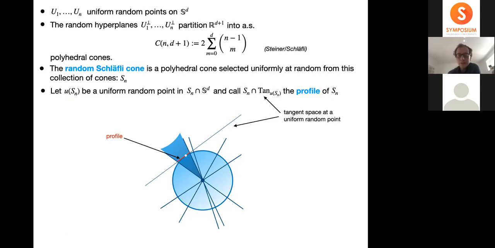If the statement of Zakhar and Efron is correct, then this profile should converge in a suitable sense to the cube, because if you identify this tangent space with Rd, this is just a random polytope in Rd.